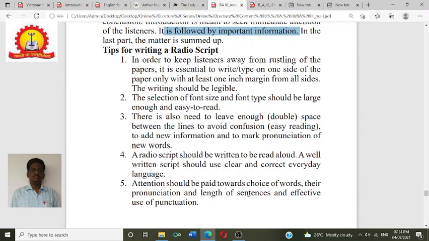Otherwise, you start reading and you come across a word that is not legible, then you have to take a gap or a pause. So this is the important thing in script writing for reading.